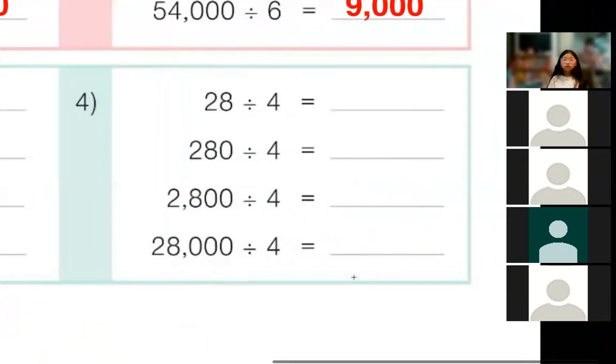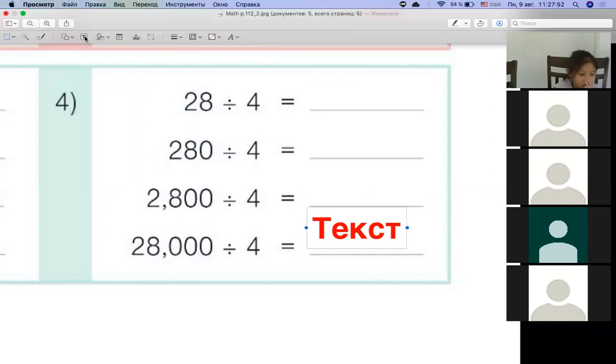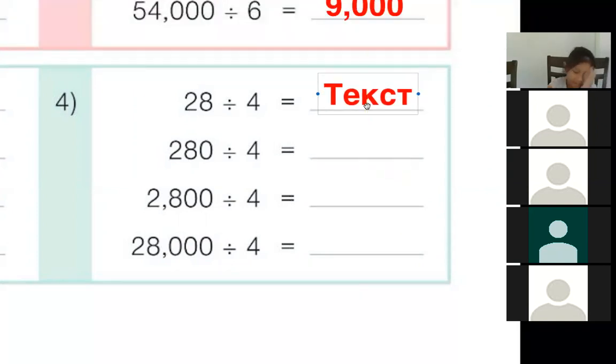Okay. So next, Chaim, please read the next one. 28 divided by 4 is 7.